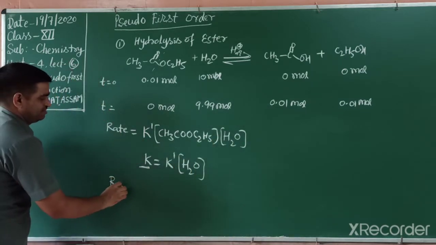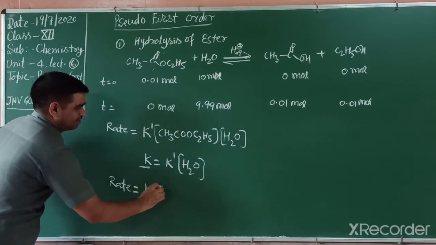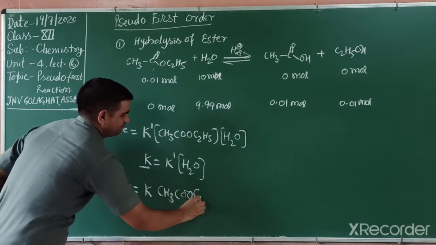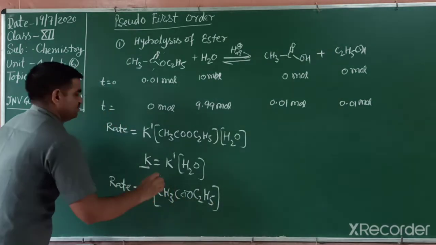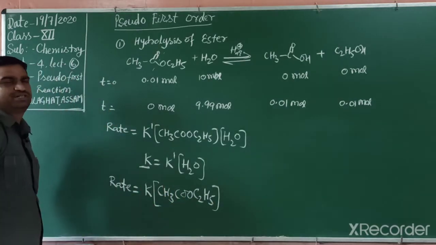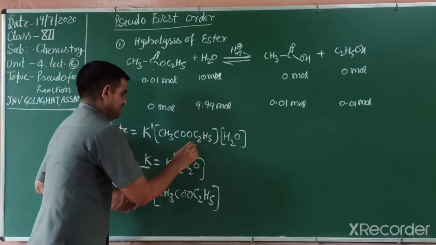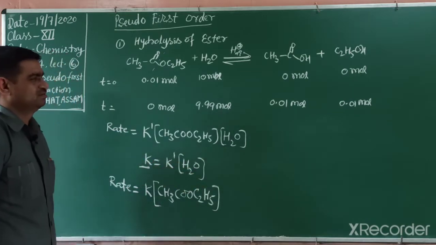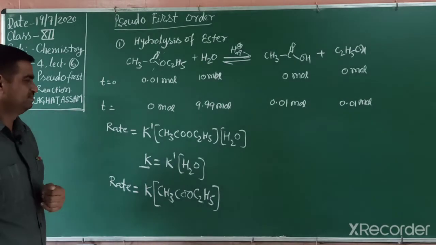So this rate is equal to K concentration of ester CH3COOC2H5. So actually this is a first order reaction, because in place of K dash and water we write K. So this one is a first order reaction. But at low concentration, this is second order kinetics.